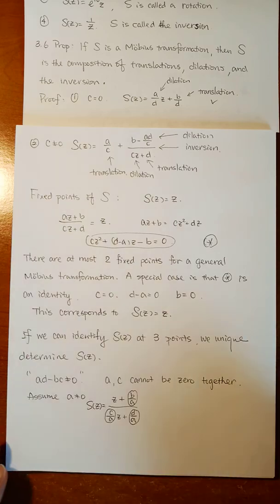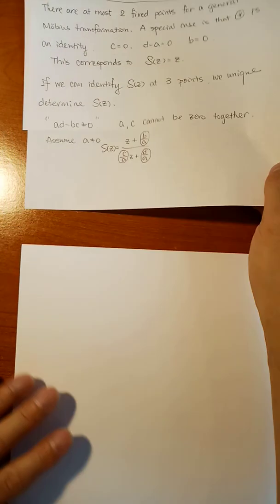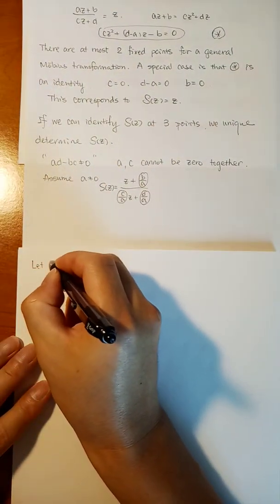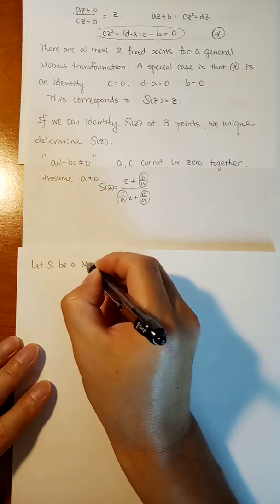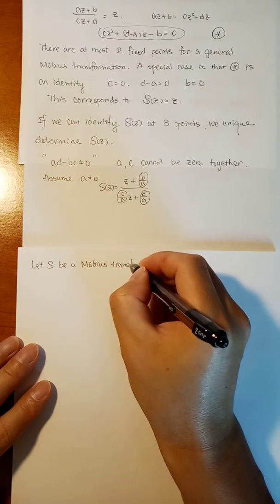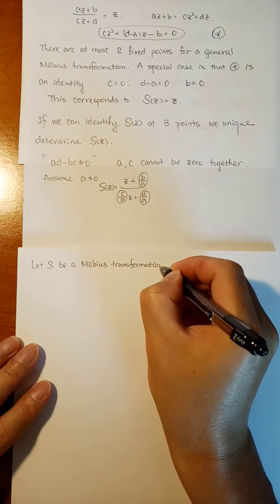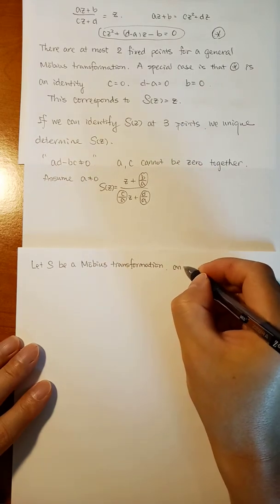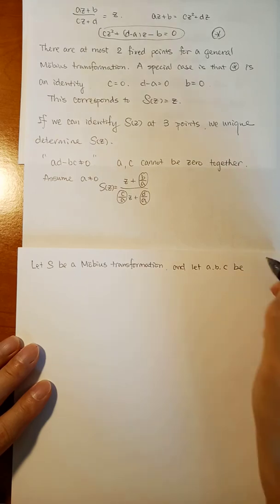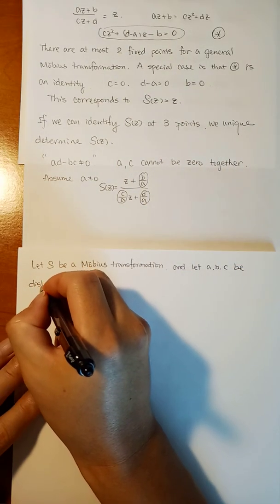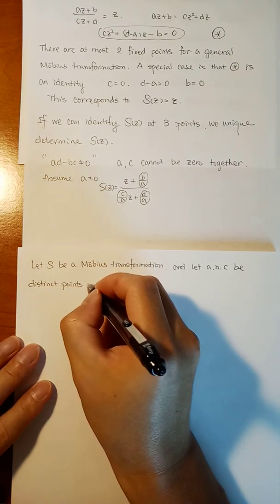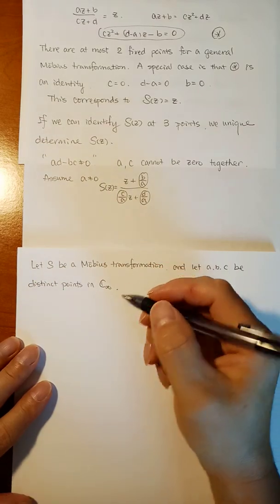All right. Okay, let's see how we get it. So let S be a Mobius transformation, and let A, B, C be distinct points in C infinity. It could be infinity.